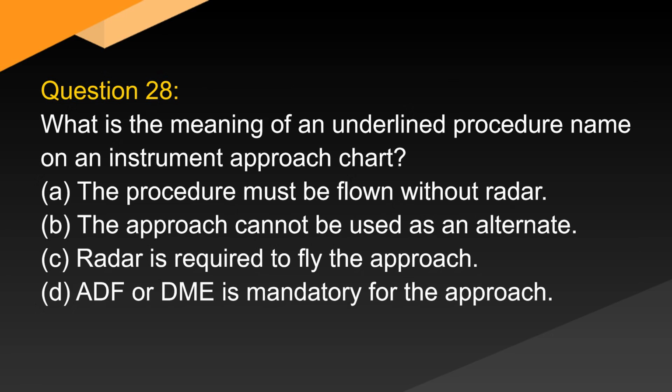Question 28. What is the meaning of an underlined procedure name on an instrument approach chart? A. The procedure must be flown without radar. B. The approach cannot be used as an alternate. C. Radar is required to fly the approach. D. ADF or DME is mandatory for the approach.